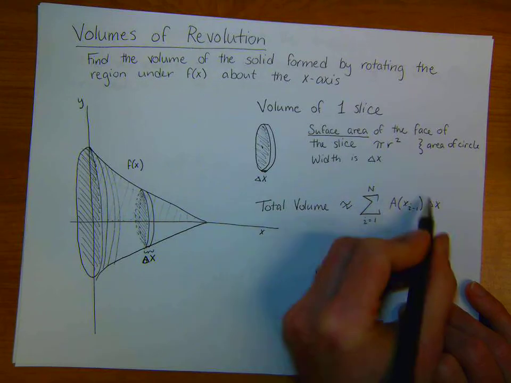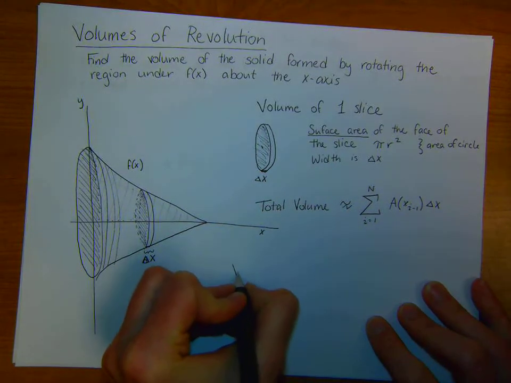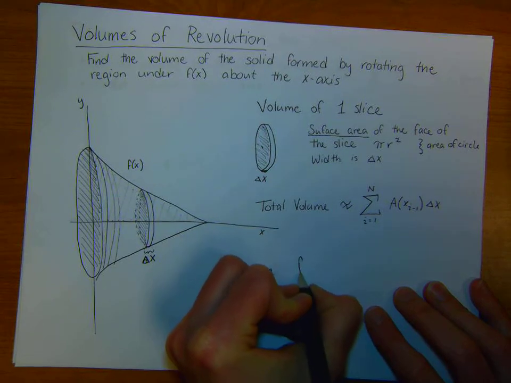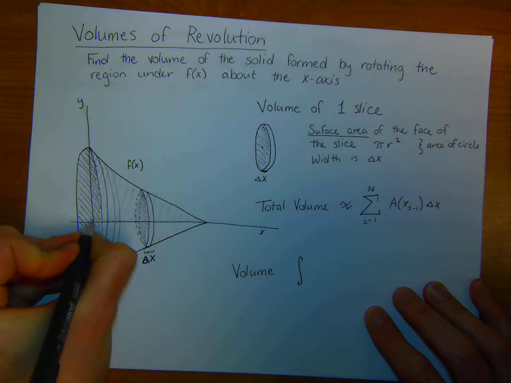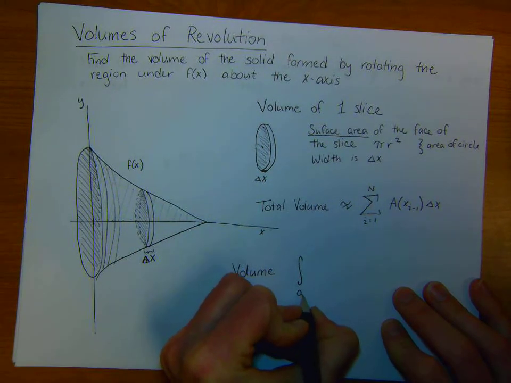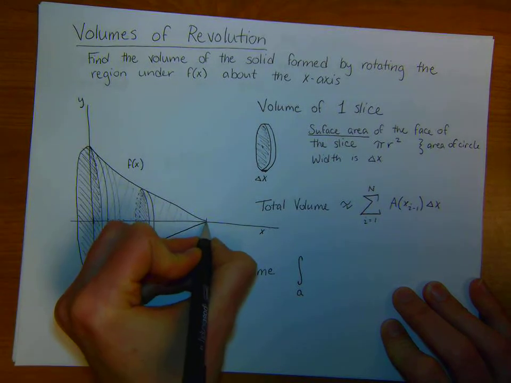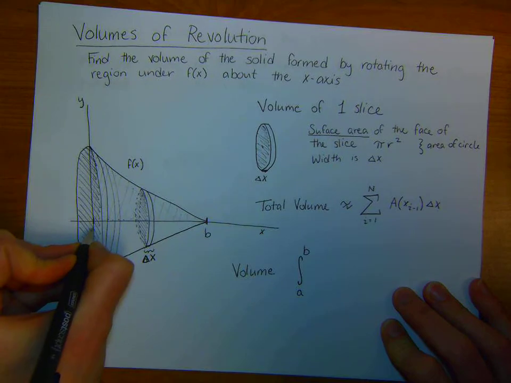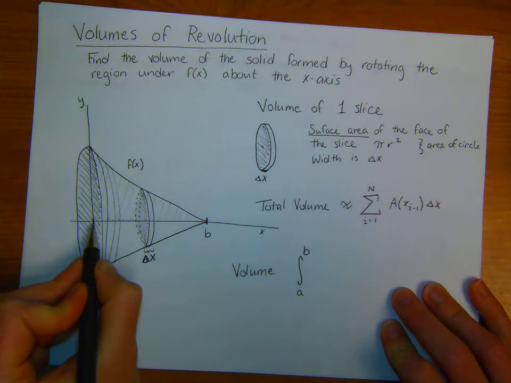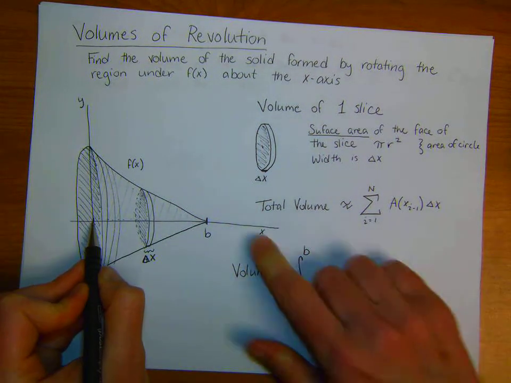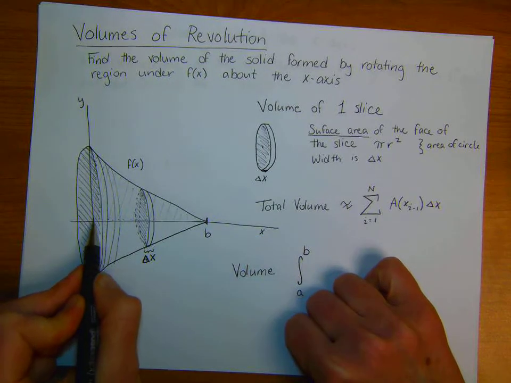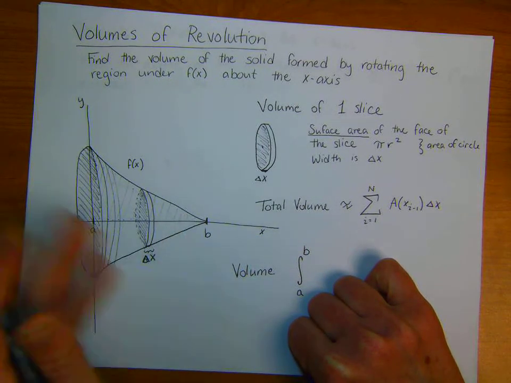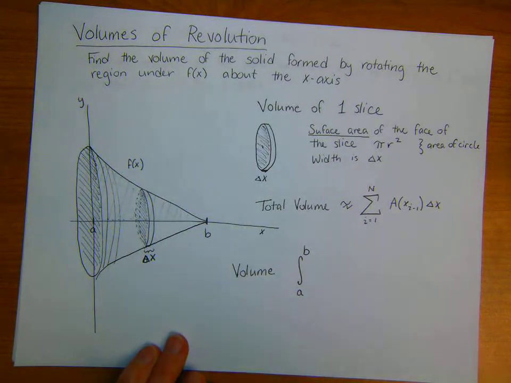And as I take the limit of these sums, we see that the volume is going to be given by the integral from the very first slice, which we're saying starts at a, to the very last slice, which ends at a value of b. And notice that this measurement a to b is measuring along the x-axis because I'm measuring how many slices of bread I have. My bread goes from a to b as I slice up this cylinder.